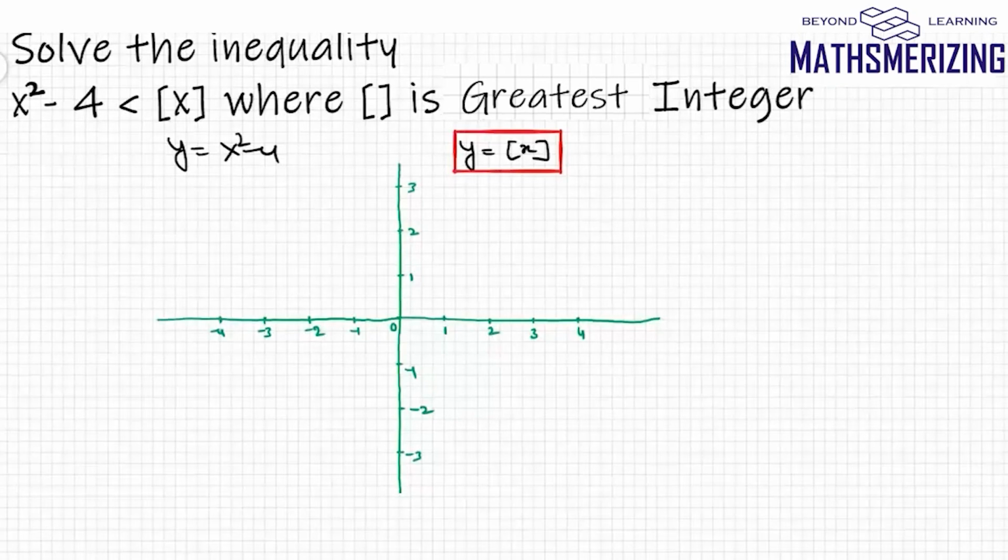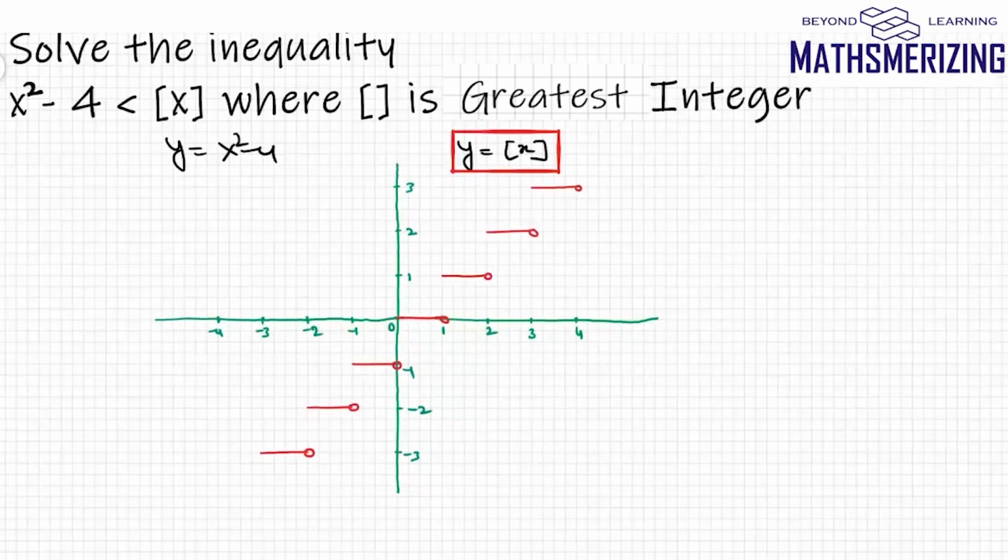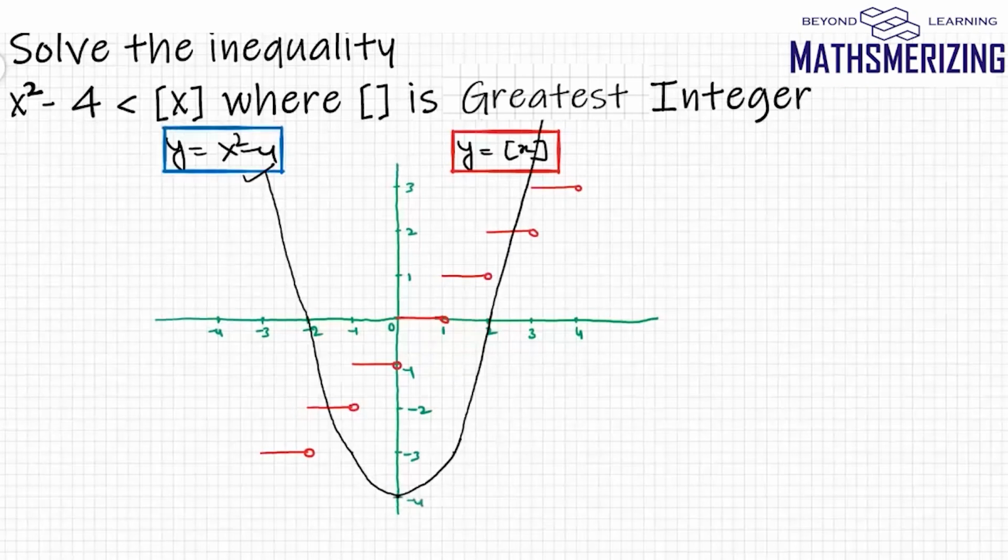So first I'll draw the graph of the greatest integer function of x. And then I'll draw the graph of y equals x square minus 4. Now that is the graph of y equals x square minus 4.